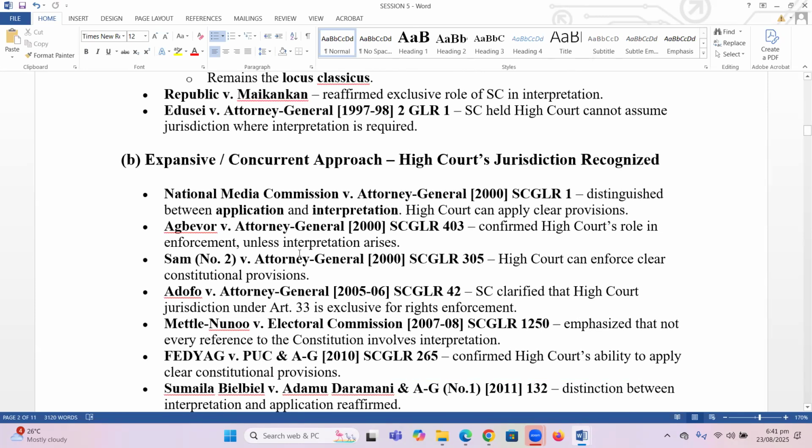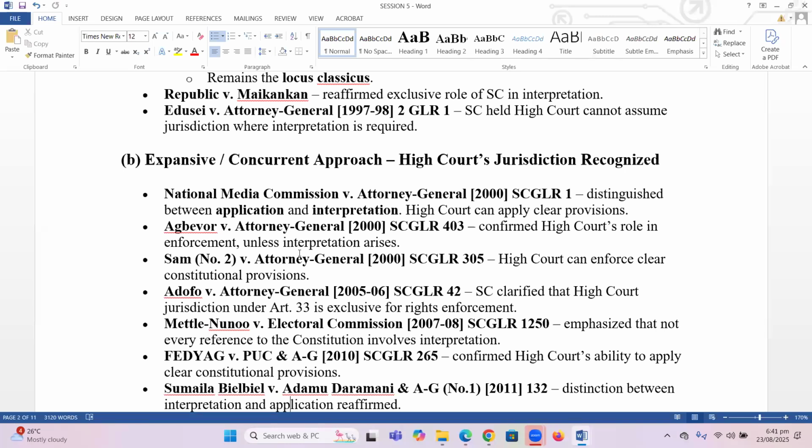The concurrent approach of the jurisdiction of the High Court has also been affirmed by a number of authorities, again where there is clarity and no ambiguity regarding the particular provision.